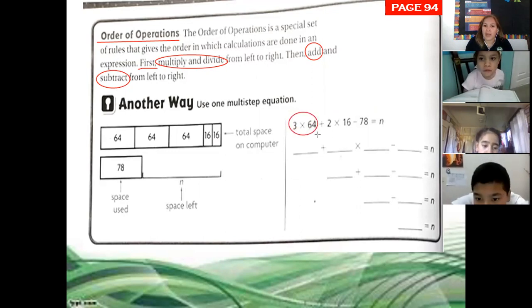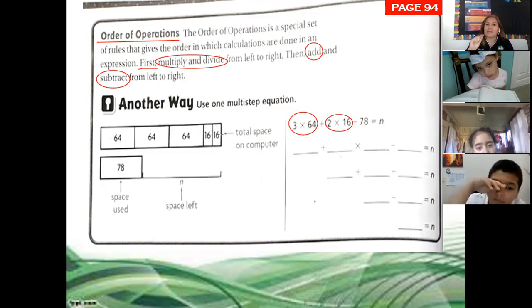So we have to do 3 times 64 and 2 times 16. This one and then this one, because there are two. Si hubieran 5, we have to do the 5 multiplications first. 3 times 64, so you have it here, 64, 64, 64, 3 times. And then you have 16 times 2.